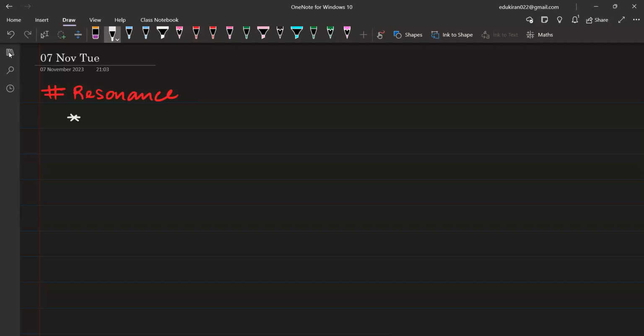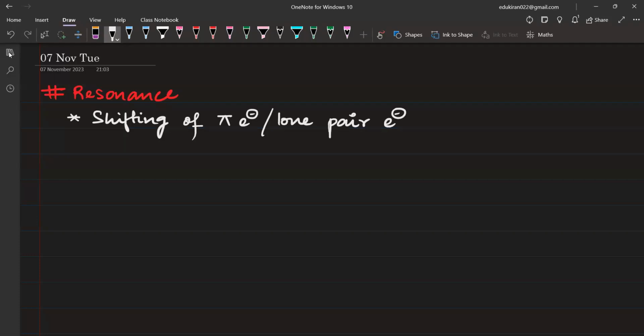Now write resonance. So what you will remember is that resonance is shifting of pi electron or lone pair electron within a compound. ठीक है. एक इसका हम एग्जांपल आपको देते हैं, and I will tell you what actually happens in a resonance. रेजोनेंस में एक्चुअली होता क्या है.